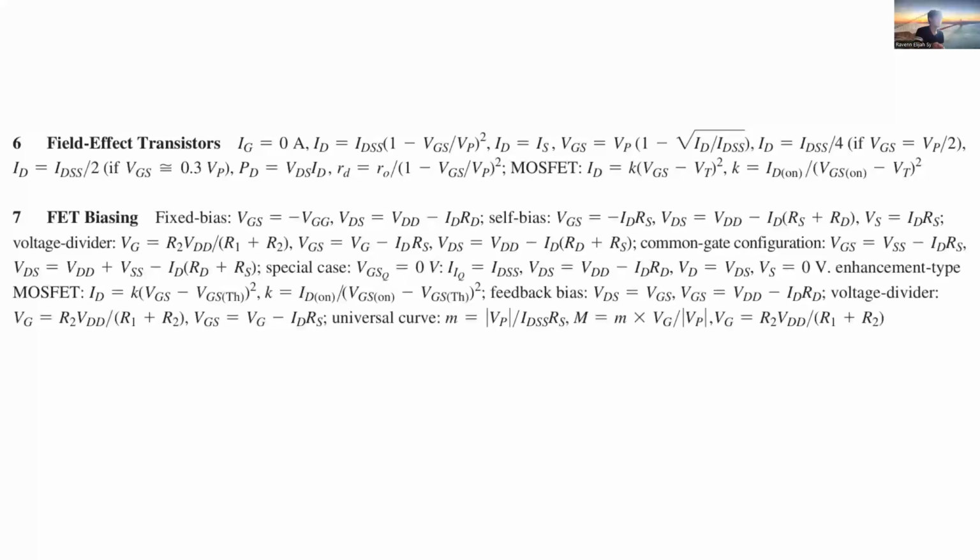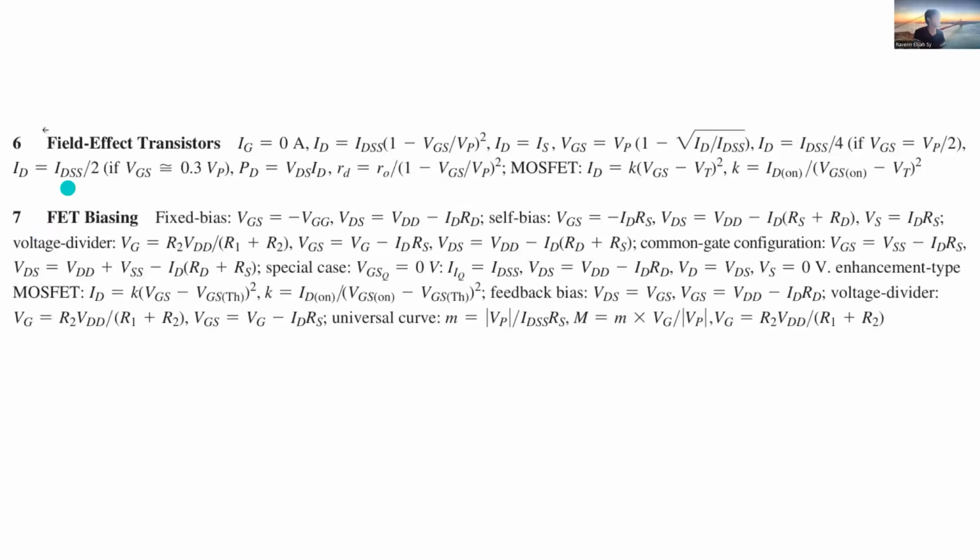So these are all the significant formulas for solving FET circuits, FET transistors, and FET biasing. We have Shockley's equation, ID is equal to IDSS times (1 minus VGS over VP) squared, and the other significant equations.